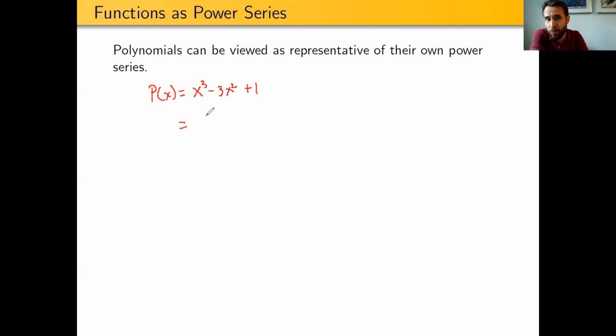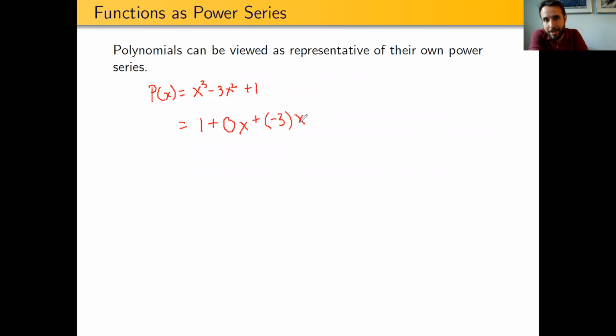So I'm going to claim that I can think of this as a power series by rewriting it as follows, right? So I'm going to write it from smallest term going up to largest term. So we'll start with the 0th order term. So that's our 1 plus, and now the x term, well, there is no x term, right? There is no term that just has an x in it. And so I can represent that as a 0x plus, and now for the x squared term, there's a negative 3.